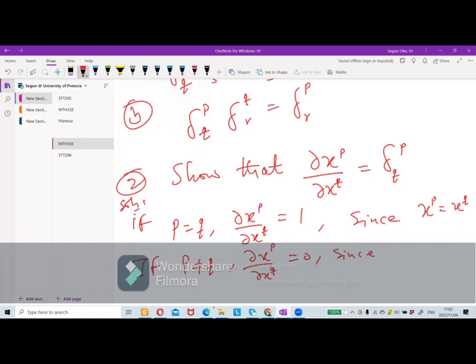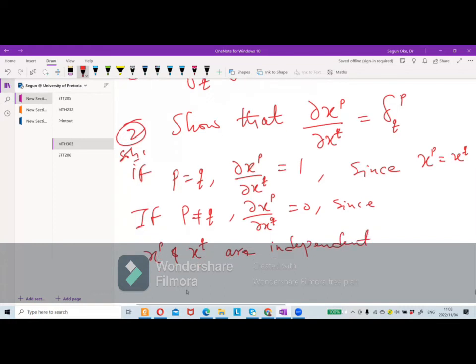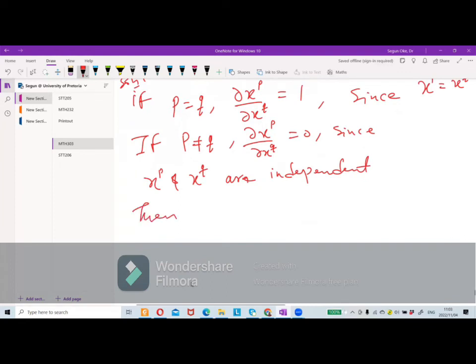Since SP and SQ are independent, then the SP over the SQ is equal to delta PQ.